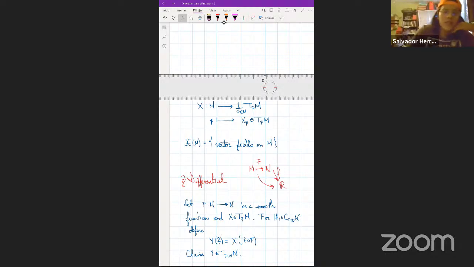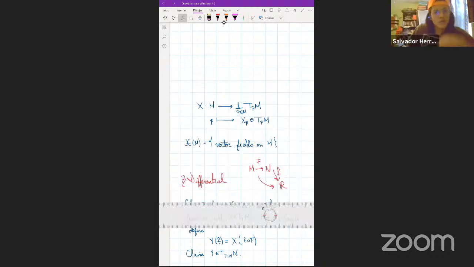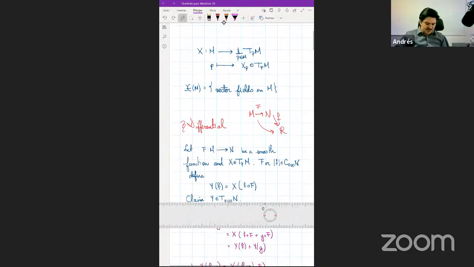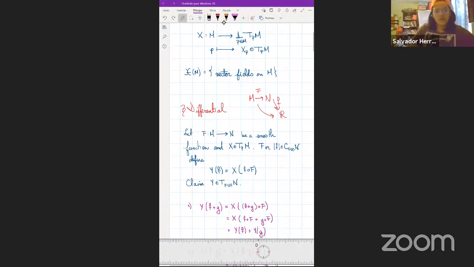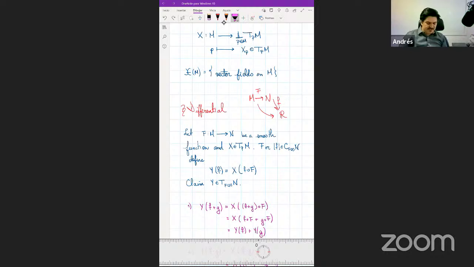Linear map that satisfies the Leibniz rule or the product rule. Right. So I have here exactly just showing that this is linear on the functions. I didn't work out the scalars, only the sum of functions.